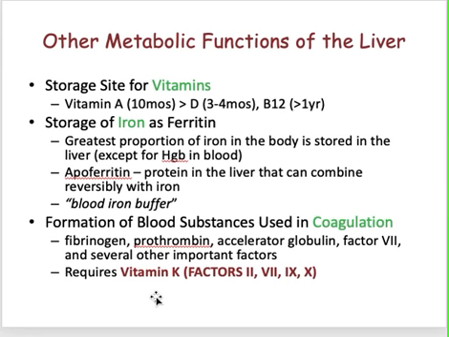So your vitamin K dependent factors are your factors 2, 7, 9, and 10. So some patients, when they have decompensated liver disease, or they have acute liver failure, they're unable to synthesize these coagulation factors, and they can manifest with bleeding because they're unable to stop their own bleeding with the lack of the coagulation factors, particularly your vitamin K dependent factors.